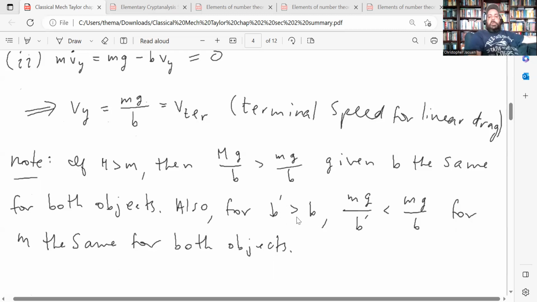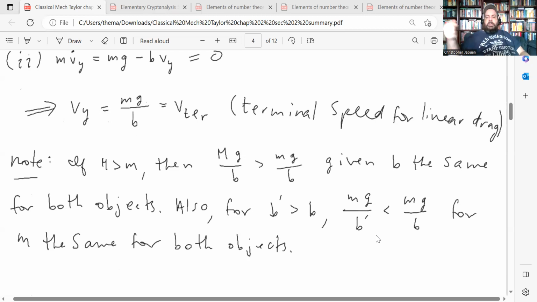Then in the second situation, if b prime is greater than b, then notice mg over b prime, which is the terminal velocity for the object with cross section given by b prime. Well, it's not the cross section, it's beta times the diameter, but hopefully you understand what I mean, right? The diameter is larger for the object here. This is less than this here. So the more cross-sectional area the air interacts with as the object is falling, the slower the terminal speed of the object is, which should make intuitive sense, right?